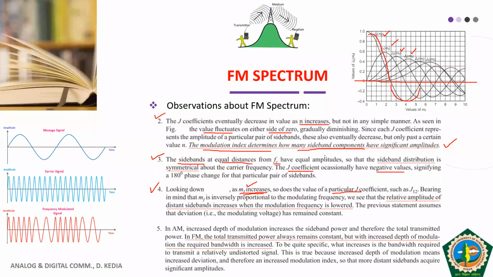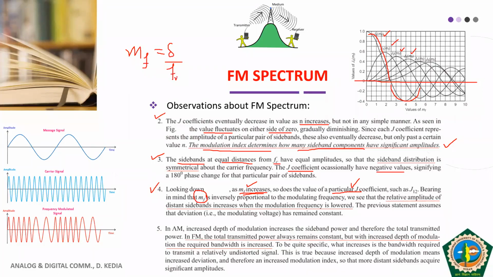So students, if we look at point number 4, fine. As MF increases, the value of J coefficient also increases. And if you remember the definition of modulation index, we had told that modulation index is equal to delta upon Fm.